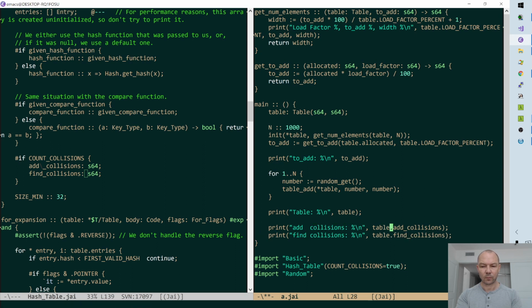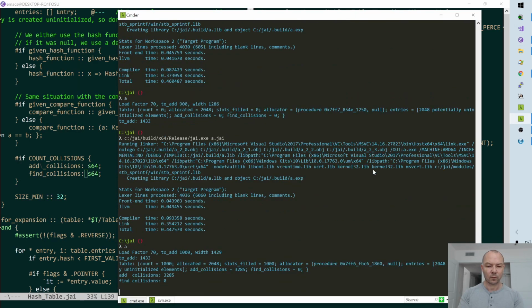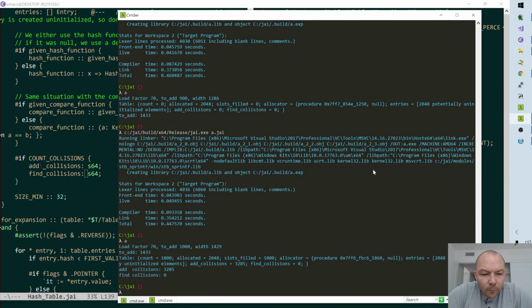Okay. We didn't ever find anything in the table. Add collisions, 3,285 in 1,000 adds.